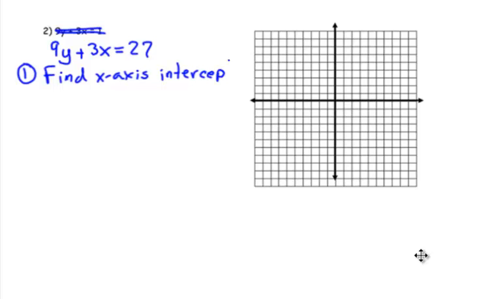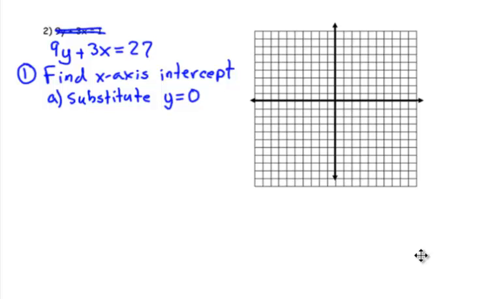Now here's the understanding that we need to have for that. On the x-axis intercept, y equals 0. So what we're going to do to find that is we're going to substitute y equals 0.